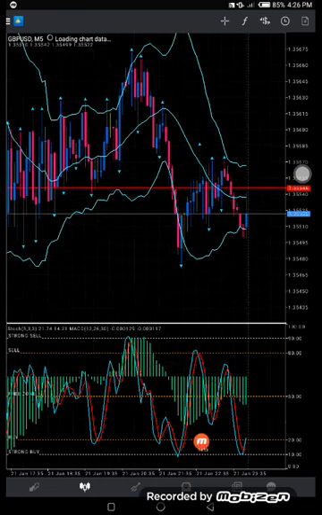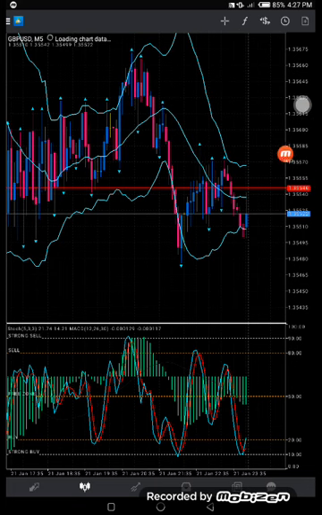And then we have this one. Take your profit. This one didn't touch, it did not get to the upper Bollinger Band, so you ignore it.